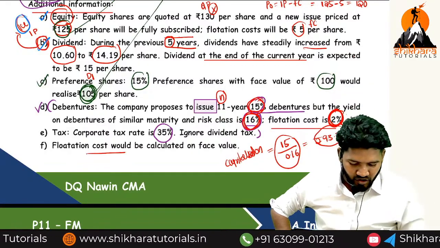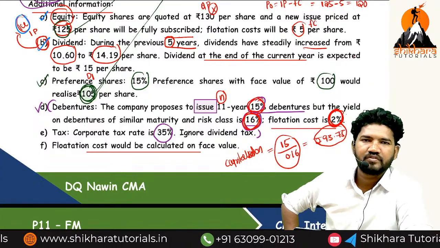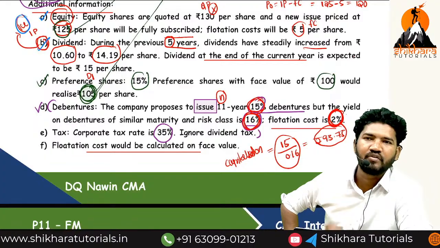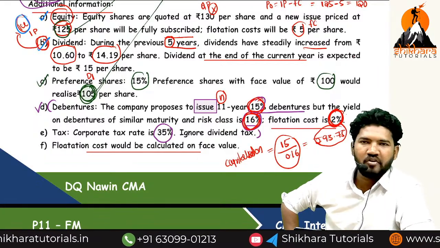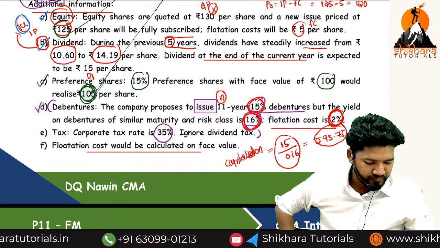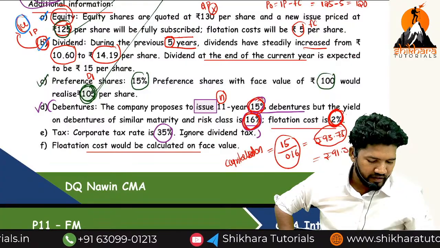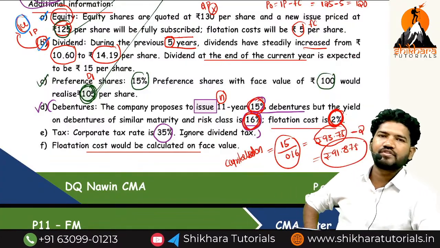See, flotation cost would be calculated on common sense. If it is a discounted price, the underwriter needs commission on which value? Face value, because that is the higher value. Conceptually clear? Minus 2, rupees 8. This is the net proceeds. This is the way to figure out net proceeds.